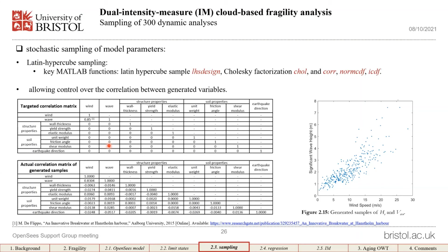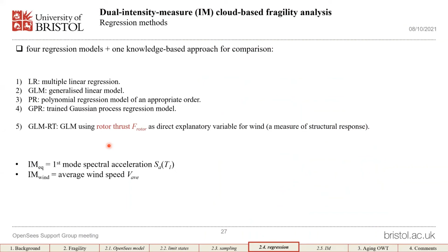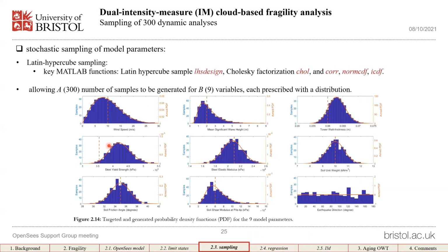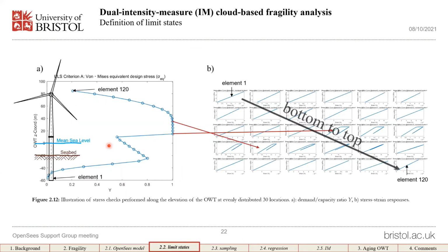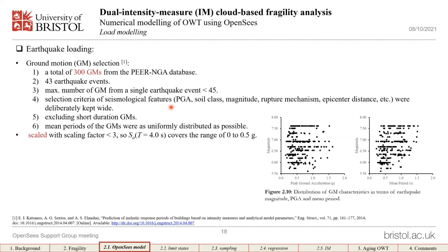We didn't consider it because of the selection criteria of our earthquakes. The selection of ground motions was intended to cover as wide a range as possible of different types of earthquakes, different seismological features, and different levels of spectral acceleration.